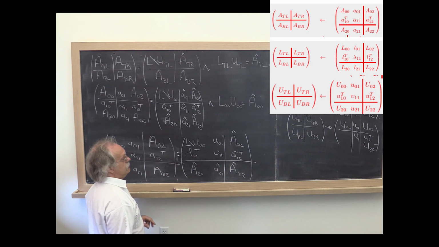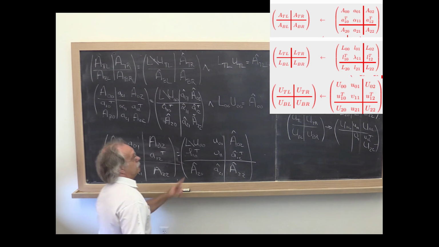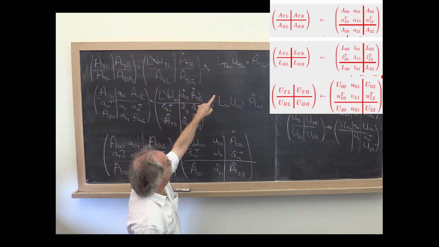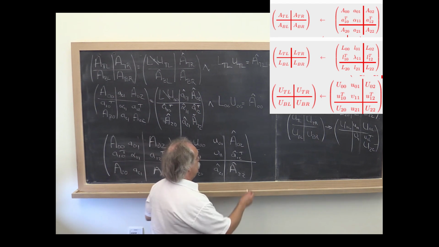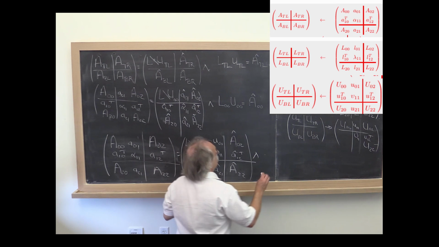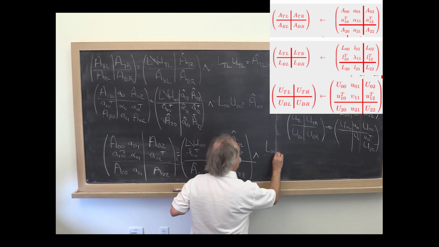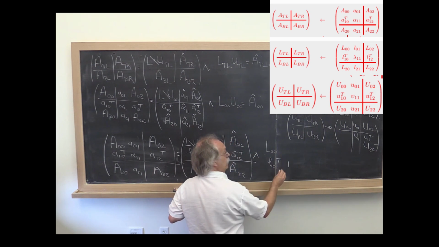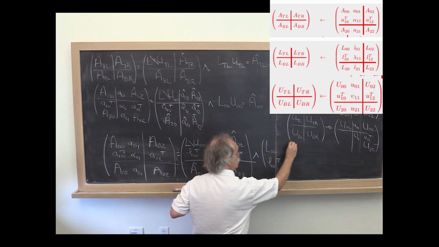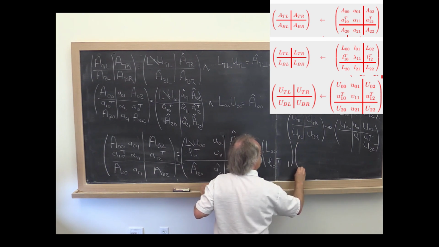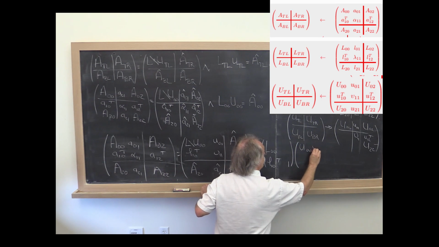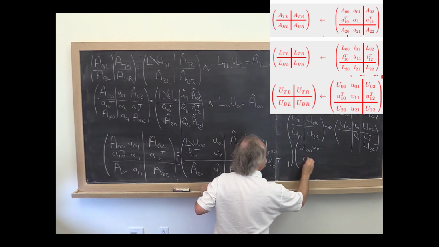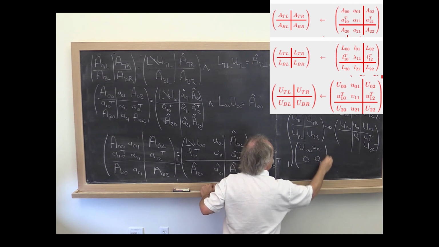Okay, that's that part. And now comes the tricky part. What about L top left times U top left? Well, that is L00, L10 transpose 1, because we know it has to have a 1 on the diagonal, times U00, U01, 0, epsilon 11.